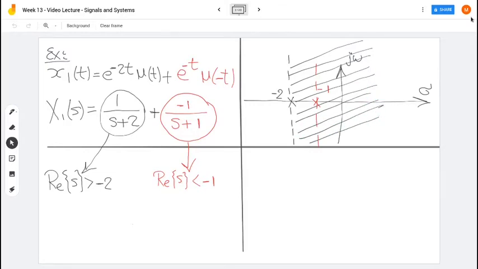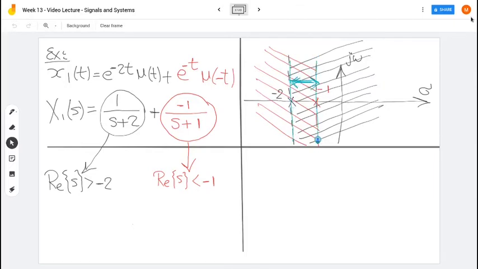But the ROC of the second term is that real part of s is less than minus 1. So it goes like this. The region of convergence of x1 of s is the intersection of the two ROCs. As you can see over here, this region starting at minus 2 and ending at minus 1 is the intersection between the two regions of convergence.